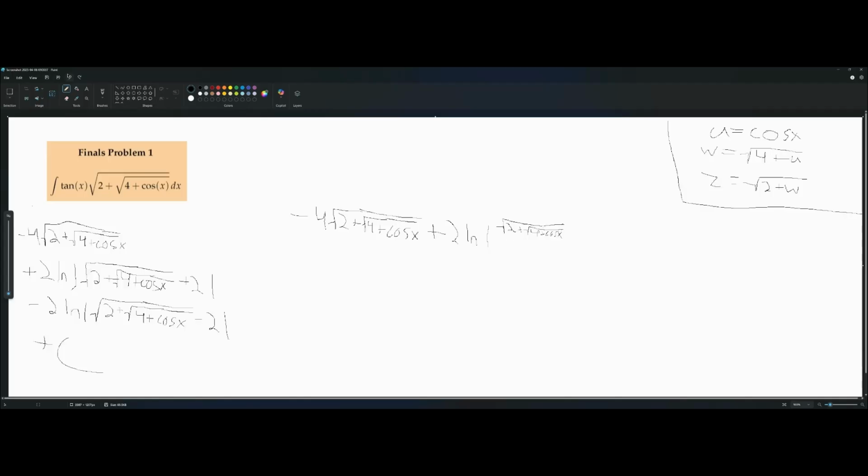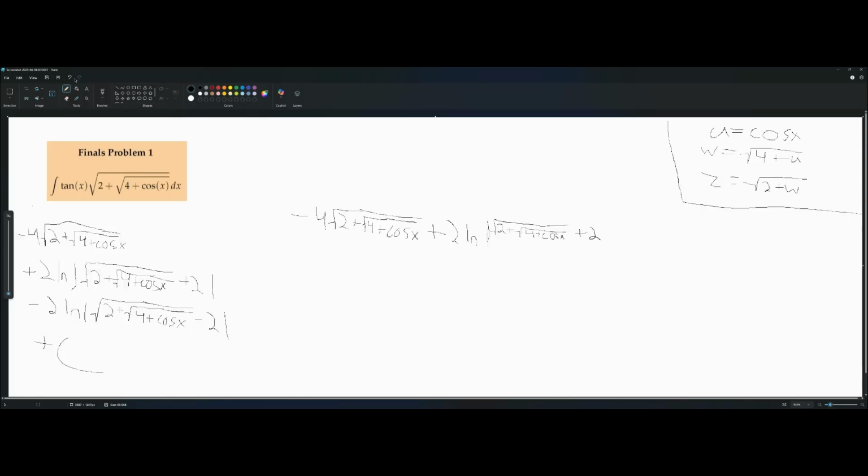Actually, let me write that a little bit cleaner. Looks a little sloppy. The square root of 4 plus. Oh, my bad. It should be the square root of 2. Oops. Times the square root of 2 plus the square root of 4 plus cosine of x plus 2 plus 2.